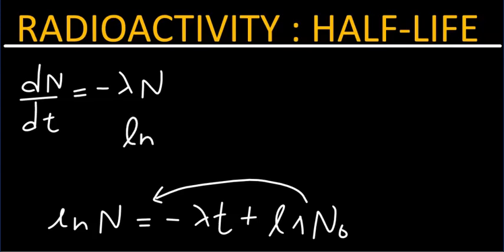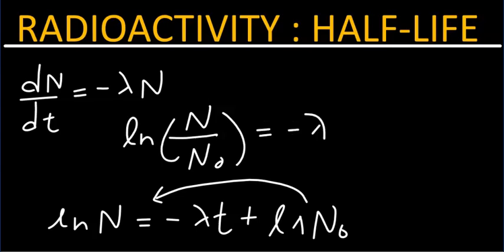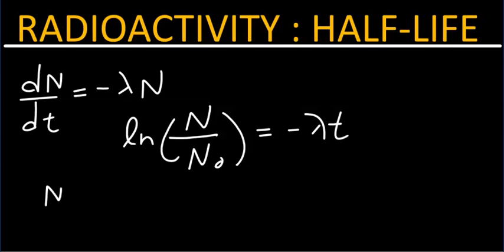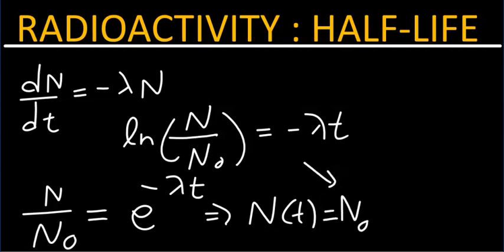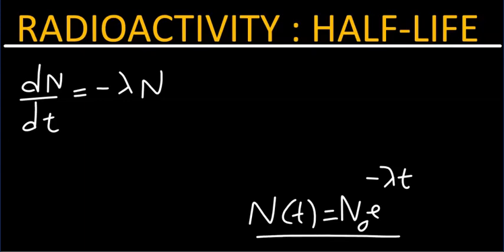You get natural log of capital N over N naught using the rules of logarithm, and the right hand side is minus lambda t. That means N over N naught is quite simply e to the power minus lambda t, or quite simply N at any time t is N naught, the original number of nuclei, times e to the power minus lambda t. So this is the solution to this differential equation.